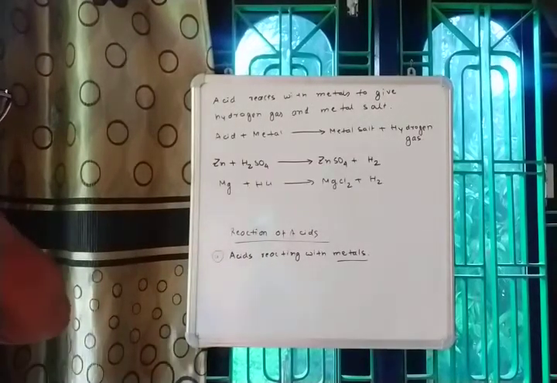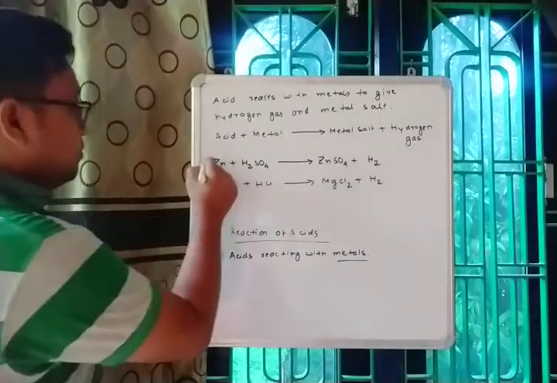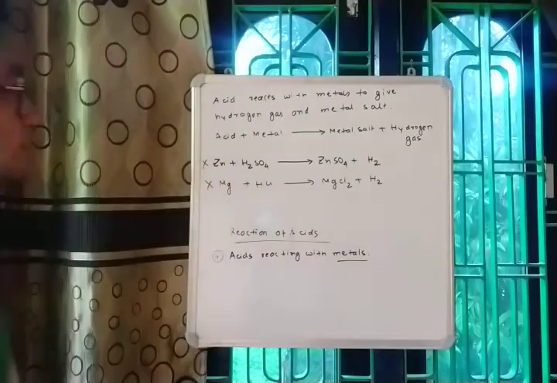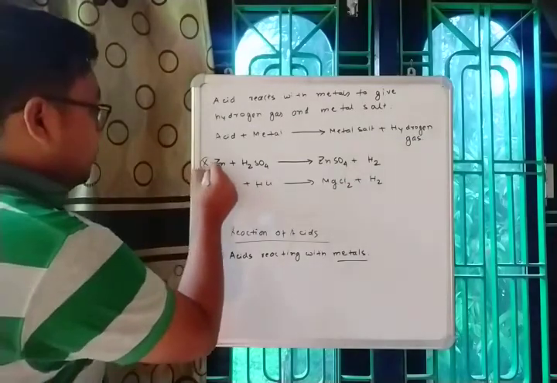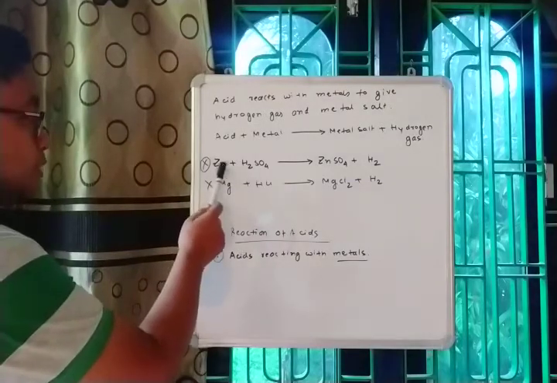After that we will give some examples. I have written two examples for you, this one and this one. In the first example we can see that this is a reaction of zinc metal with sulfuric acid. So when zinc reacts with sulfuric acid, it gives us two products.